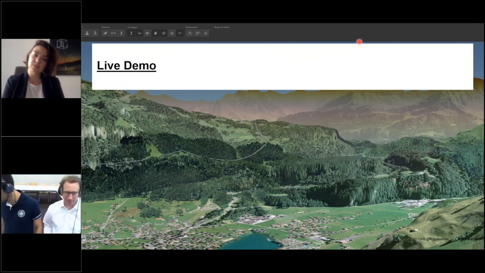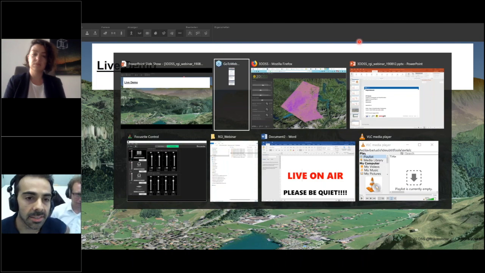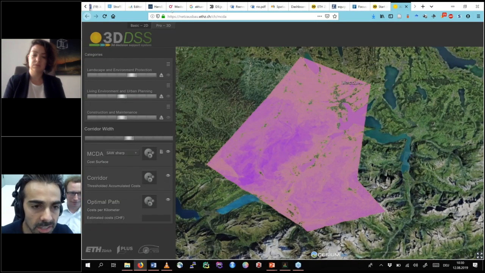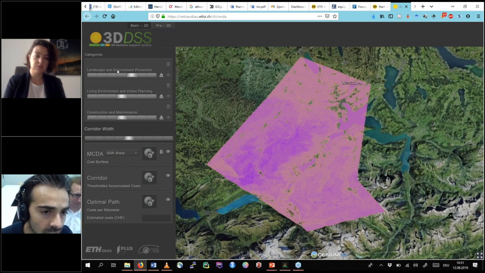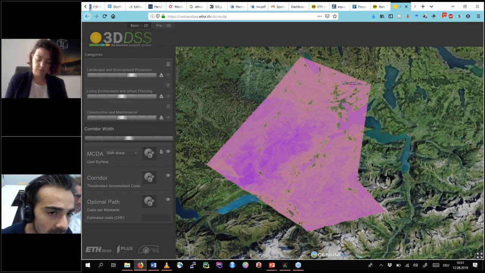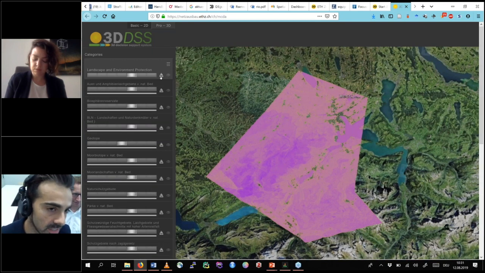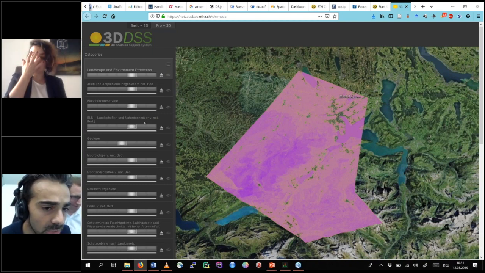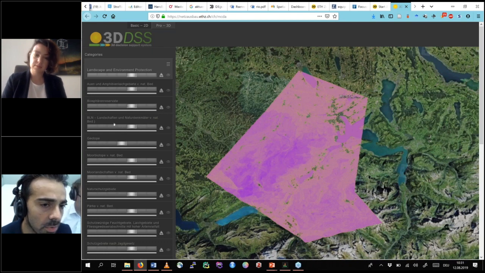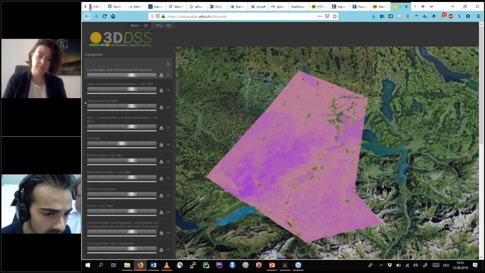Okay, that's our tool. And you see on the left different categories, as I told you before: landscape and environment protection, living environment and urban planning, and construction and maintenance. And here you have, as we defined it together with Swissgrid in our project here in central Switzerland, different layers and categories like reserves, protected areas, geotopes, mires, forests, and so on.